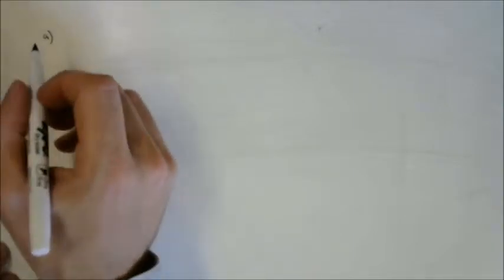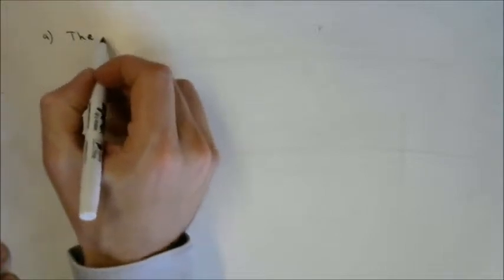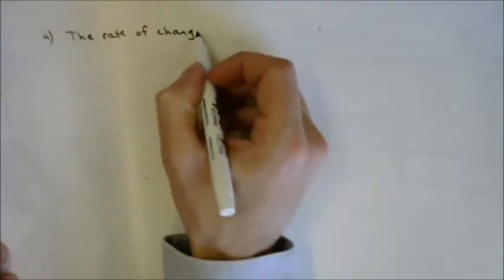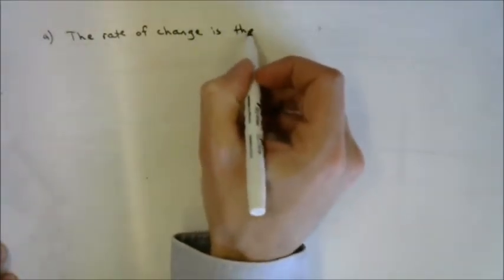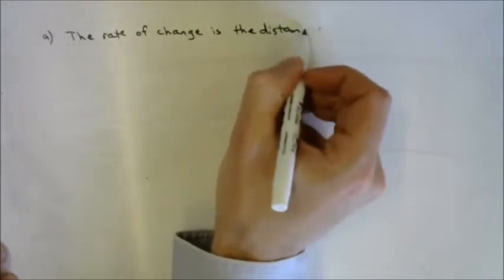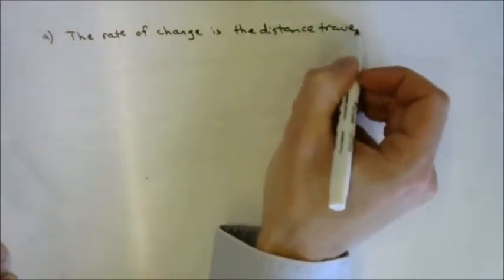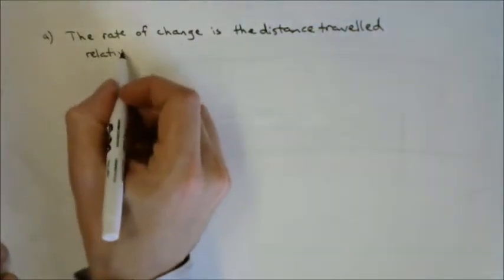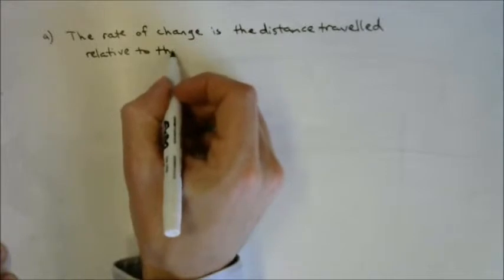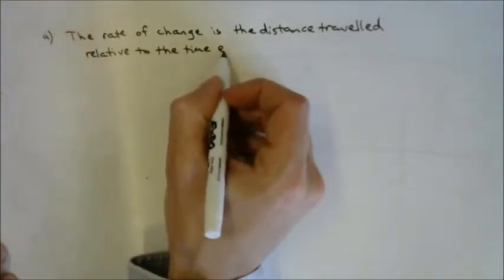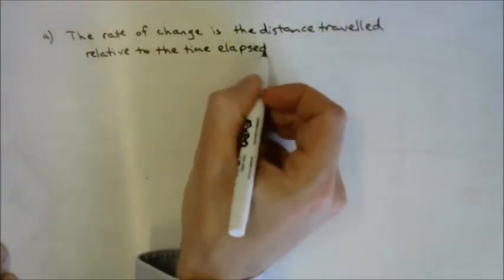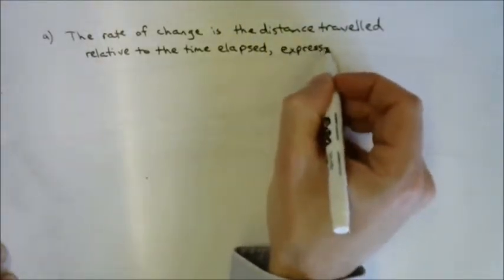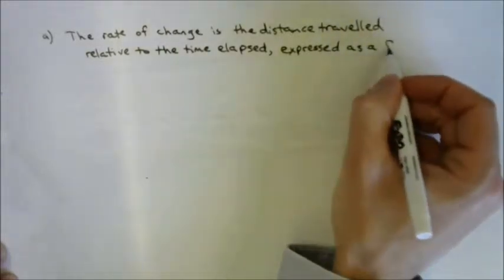Okay? So here we go. The rate of change is the distance traveled relative to the time elapsed, expressed as a fraction.